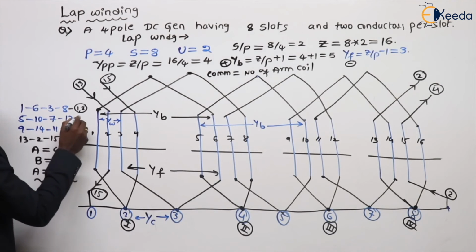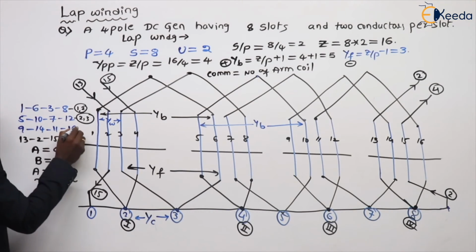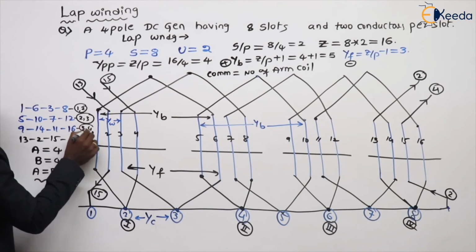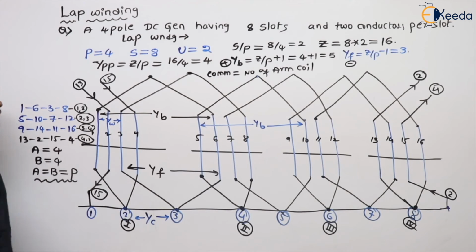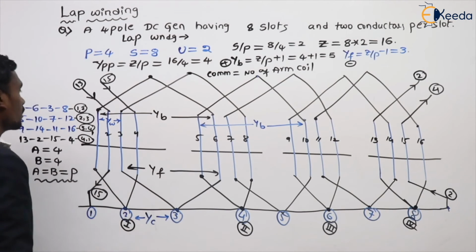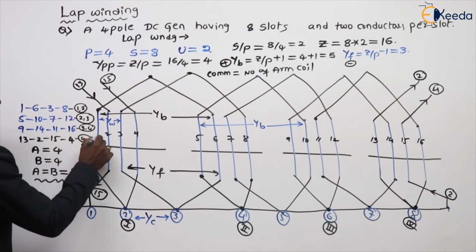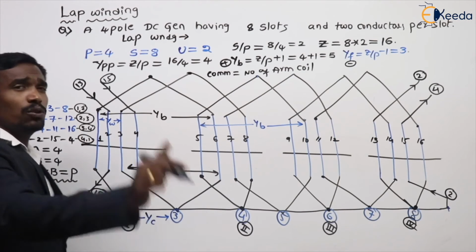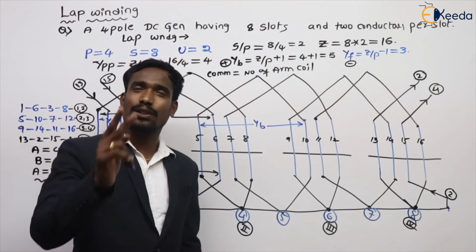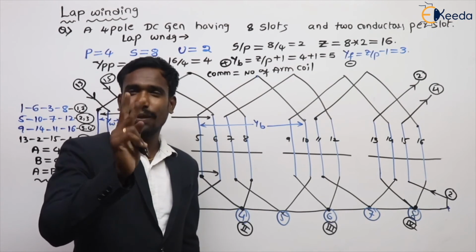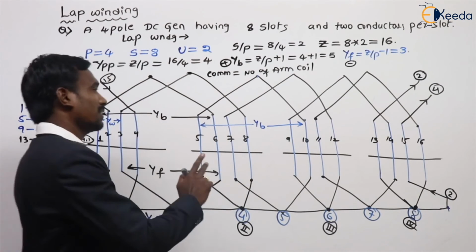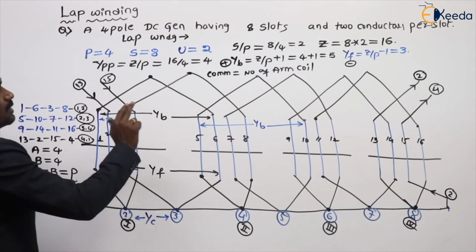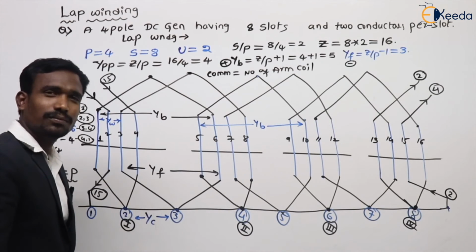The next covers the second and third poles, the next the third and fourth, and the next the fourth and first. So every parallel path covers only one pair of poles, or 2 poles. Remember this.